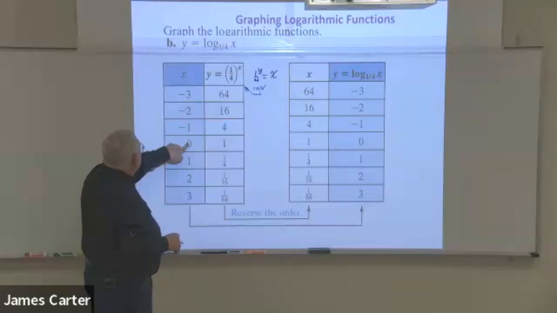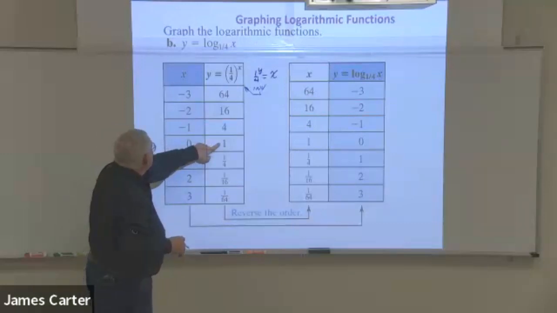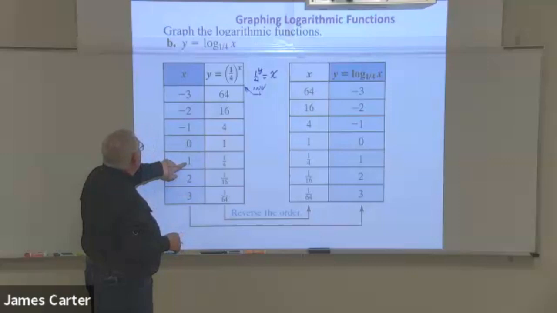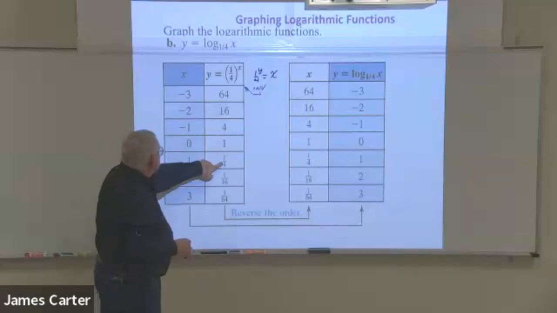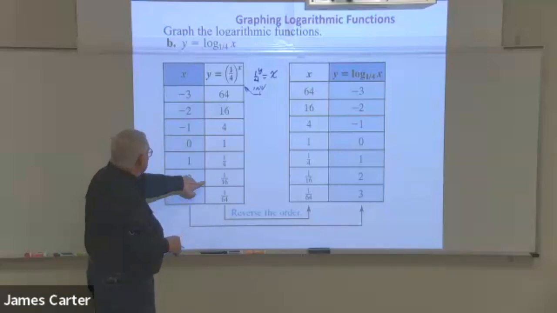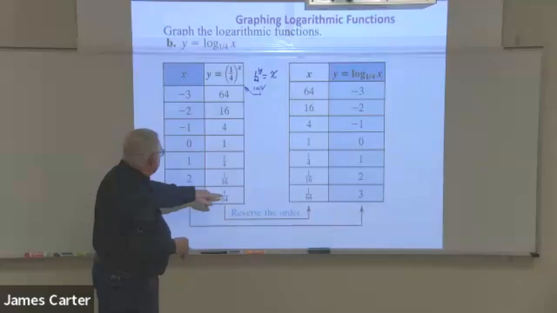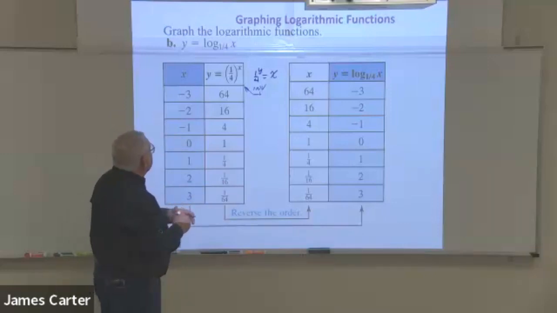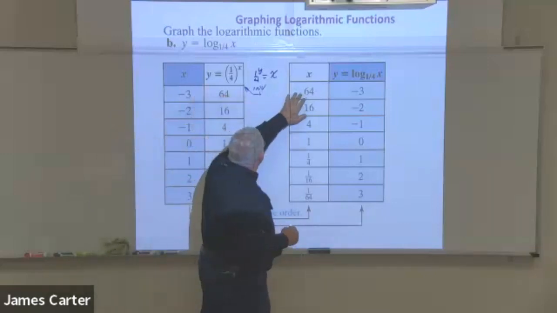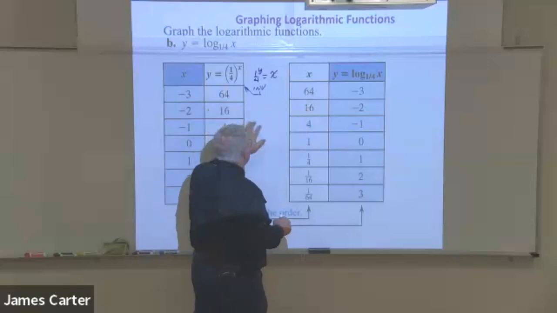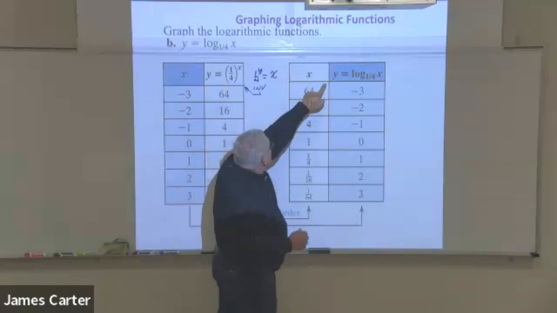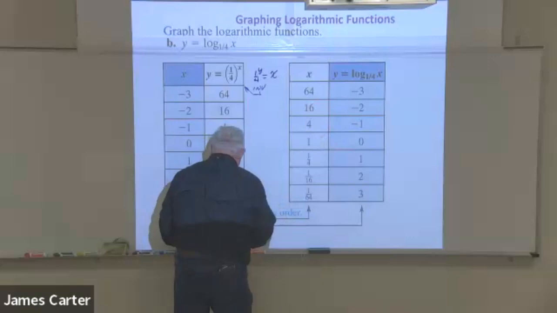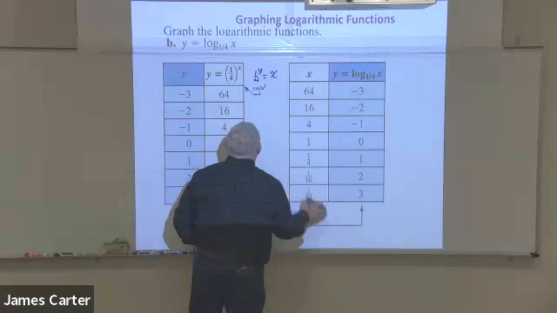And then here, if it's 0, anything to the 0 power is 1. Anything to the first power is itself. Second power is 1/16, 1/64. Now then, all we have to do is interchange each of these in order to get our graph points for the logarithm.